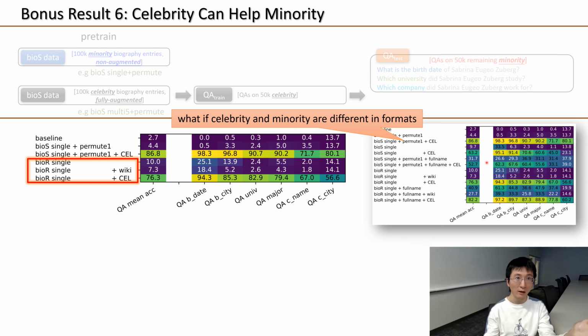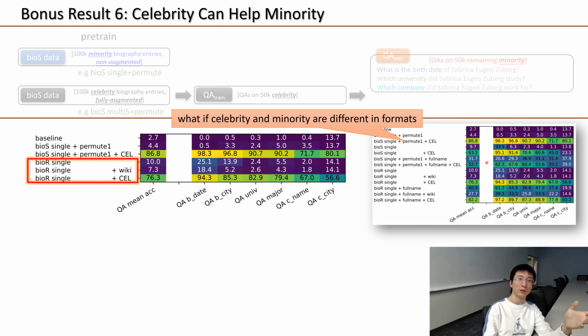You don't need to augment every person, but you had better augment them in a way that the celebrity and the minority groups are of the same distribution. In this way, you can help the model better memorize the knowledge and store it in a proper way, so that later, if you extract knowledge for the minority group, that also becomes easy.